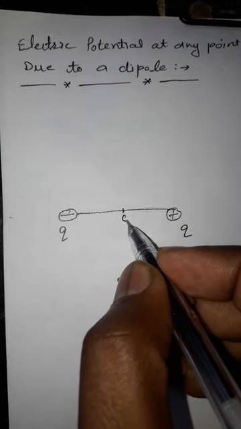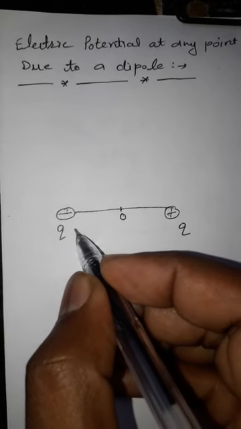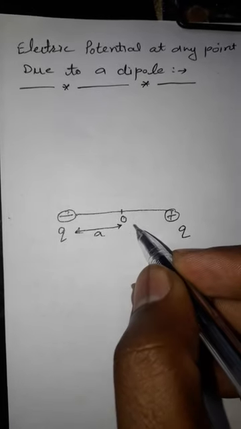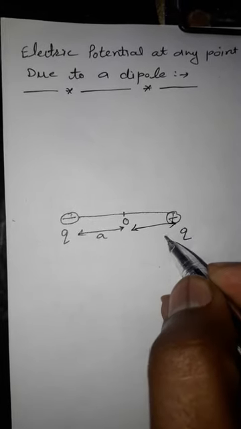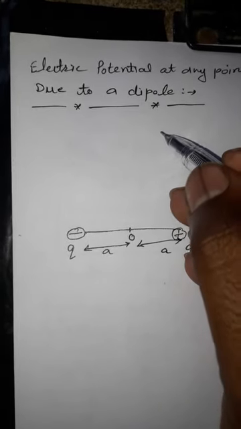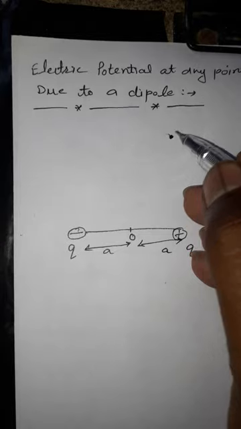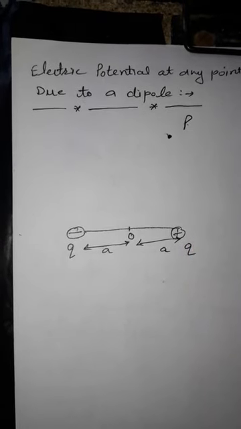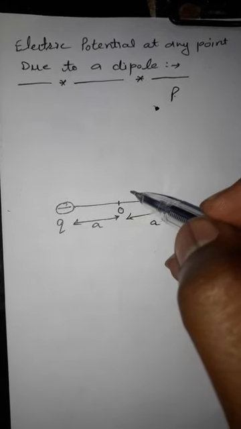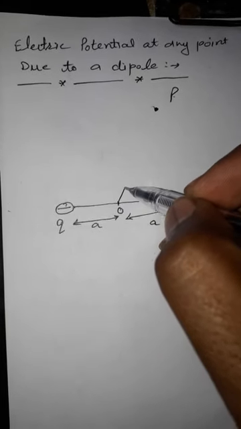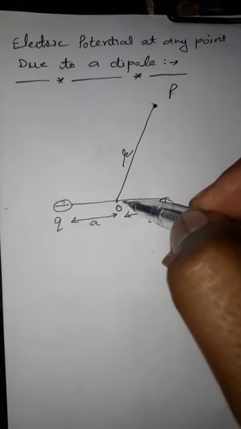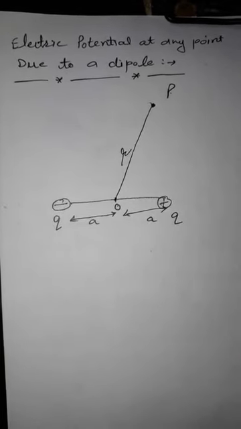Let point O be the center of the dipole, then this distance is a and this distance is also a. Now consider a point, say point P, where we have to find out the potential due to this dipole. Let point P be at a distance r from the center of the dipole.